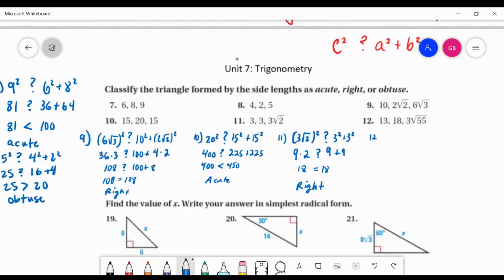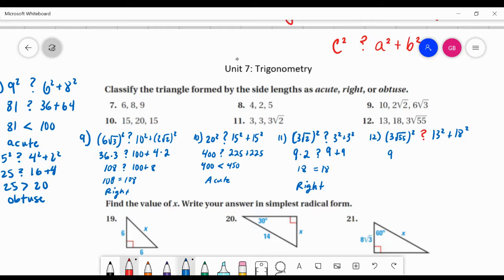And then finally for number 12, let's see what's 3 times the square root of 55. Okay, that is 22.2. So that's the biggest number. How does that compare to 13 squared plus 18 squared? So 3 squared is 9.